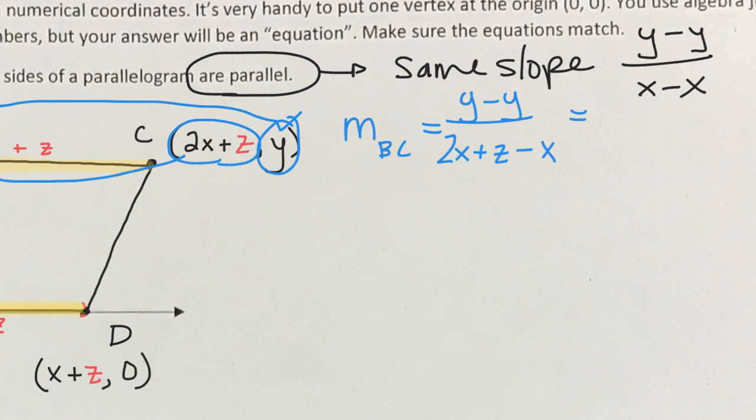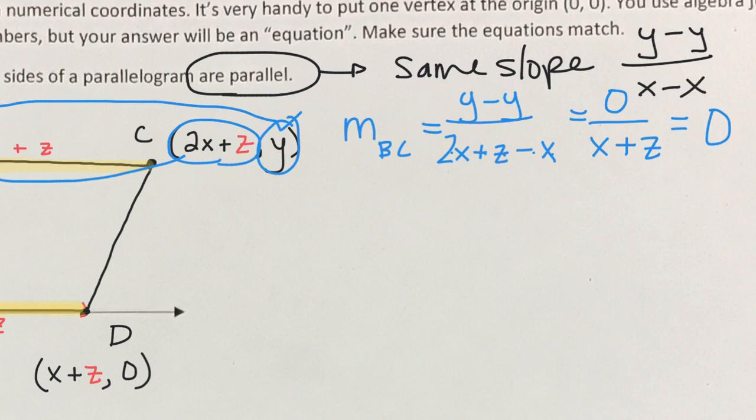Y minus y is 0, and 2x plus z minus x is x plus z. Now, according to life, 0 divided by anything is 0. So that slope from B to C is 0.